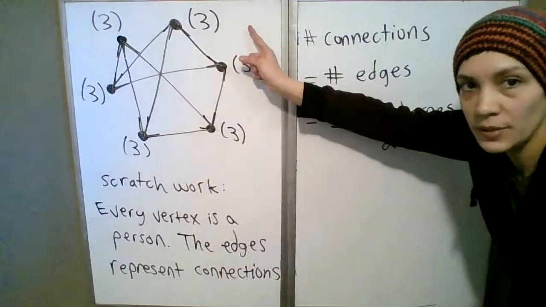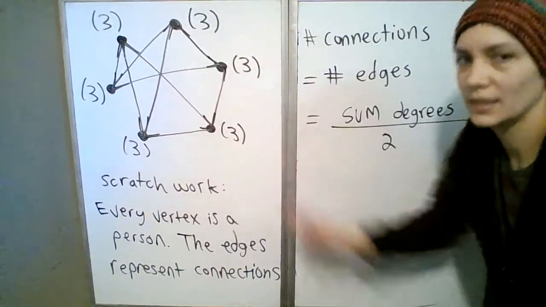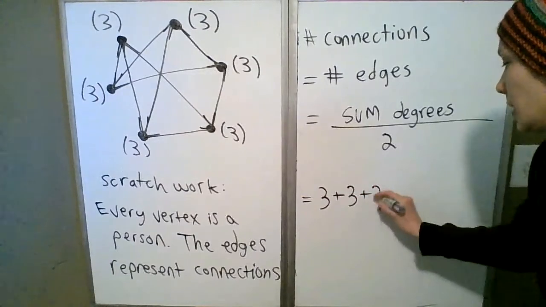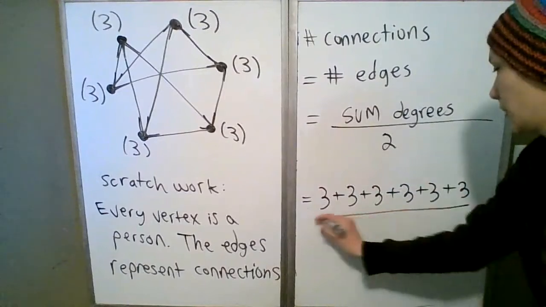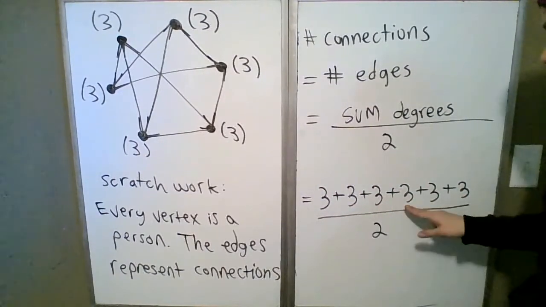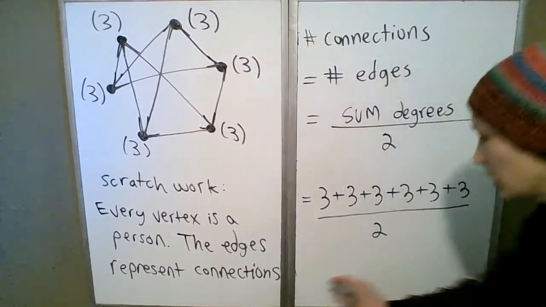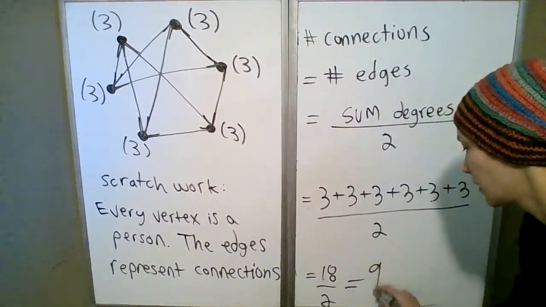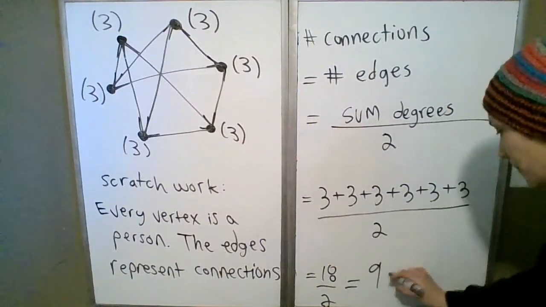Okay, we're adding 3 with itself 6 times. 1, 2, 3, 4, 5, 6. Okay, 3 with itself: 3, 6, 9, 12, 15, 18, divided by 2, which would be 9. 9 connections or 9 new cards, either way.